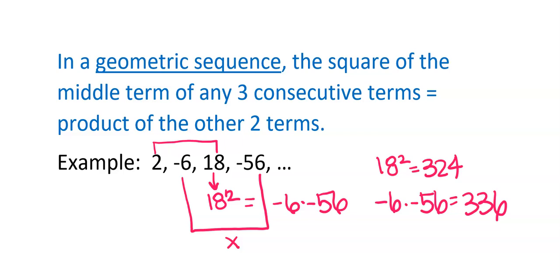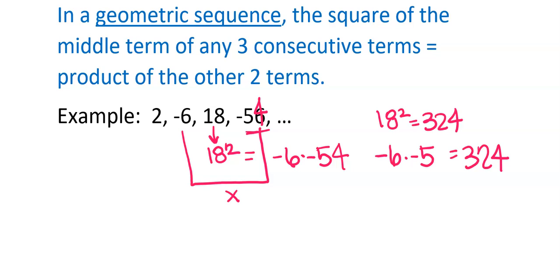Oh, okay, that's why. Because they have 54 instead of 56. That makes a big difference because then it doesn't work. So if I change that, sorry about that, you guys. Okay. So mistype right here. So 18 squared is the same as the one before it and the one after it multiplied together.